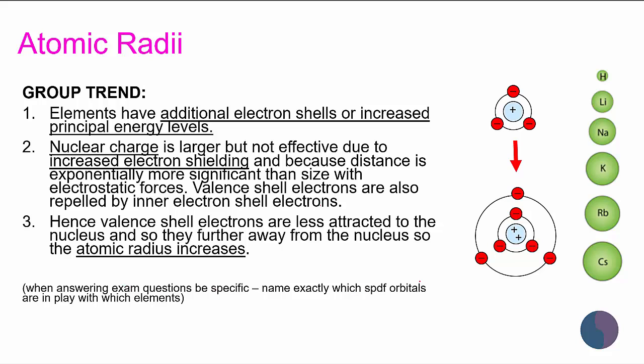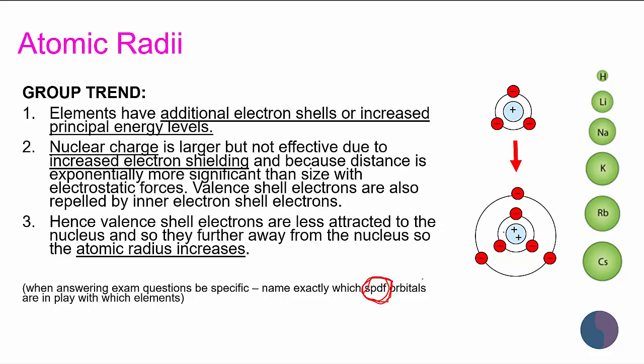If you're talking about a particular element, you need to say the 2s or the 2p, the specific orbital you're talking about for the specific question. I'm not going to do that here. I'm just going to do a deep dive on the general principles. So first of all, elements have additional electron shells or increased principal energy levels. We've talked about that already.